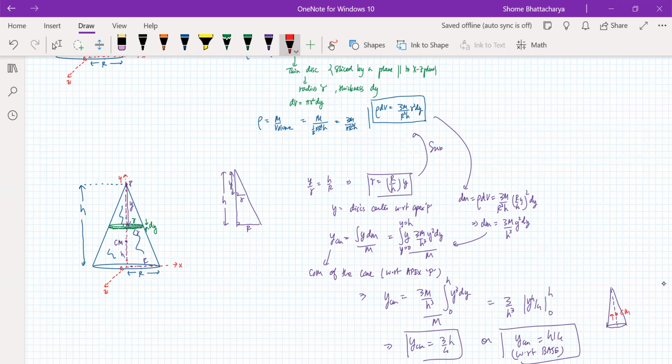It only depends on the height. So whether we have a thick one or a thin one, the center of mass will be at the same 1/4 of the height from the base, or 3/4 of the height from the apex. Like this.